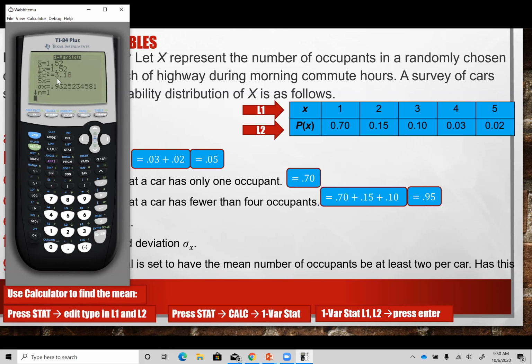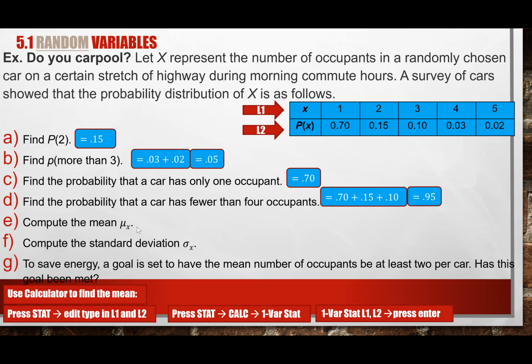As you can see, the calculator gives us the 2 things that we needed. If they ask what is the mean, your mean is 1.52. And if they ask for the standard deviation, your standard deviation is 0.9325.